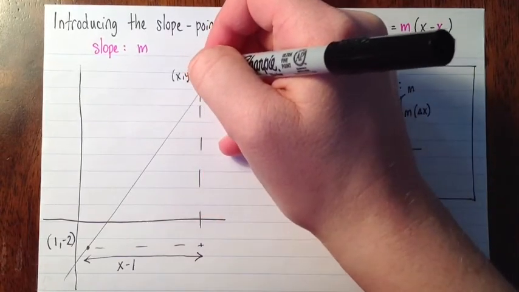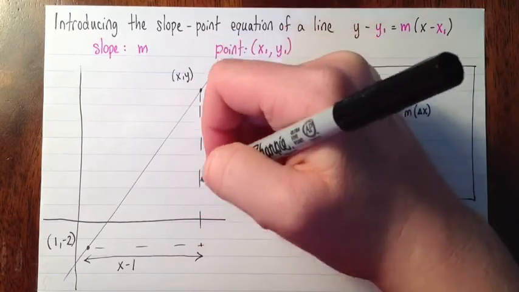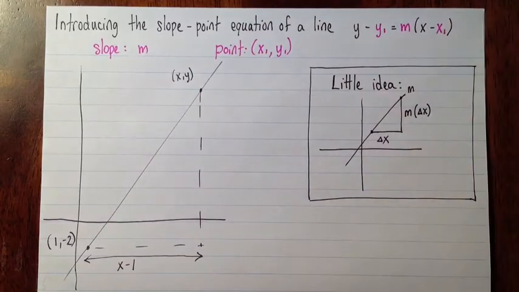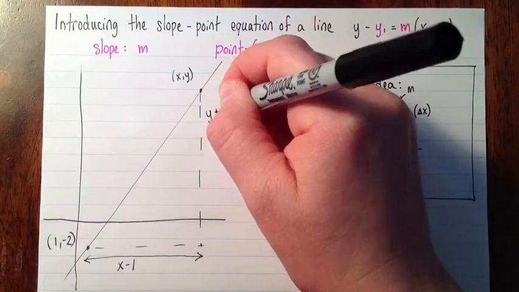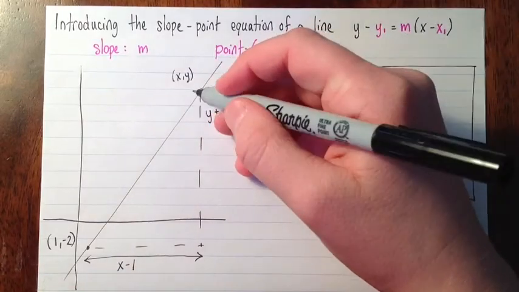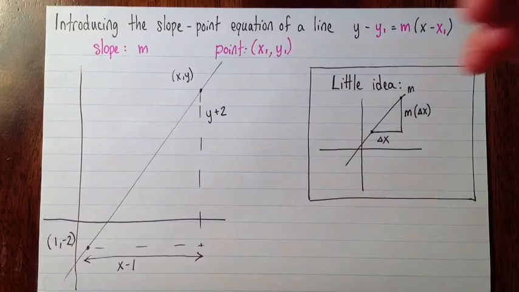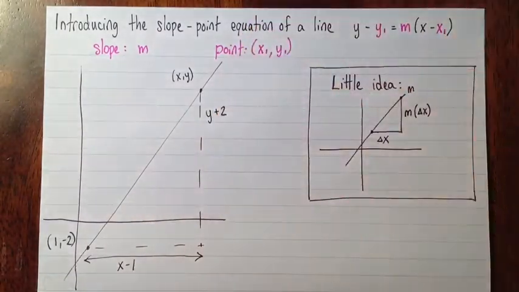Well, we were up at y here, and here it's negative 2. So it's y take away negative 2, which is the same as y plus 2. Either one of those is equally good. I'll call it y plus 2, but remember that came from y take away negative 2. So we have the length and the height of that triangle.